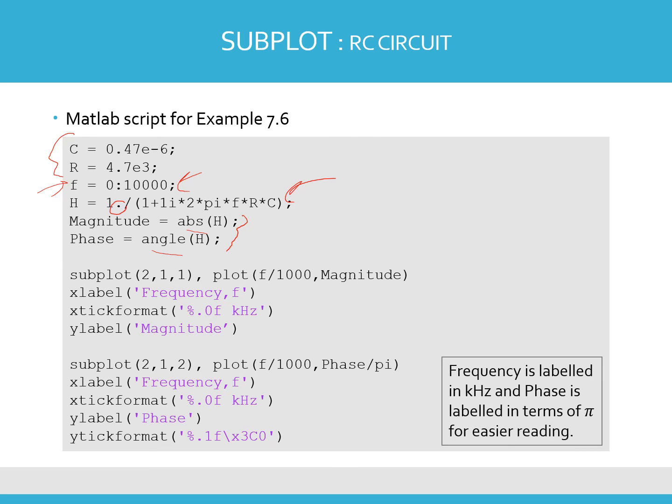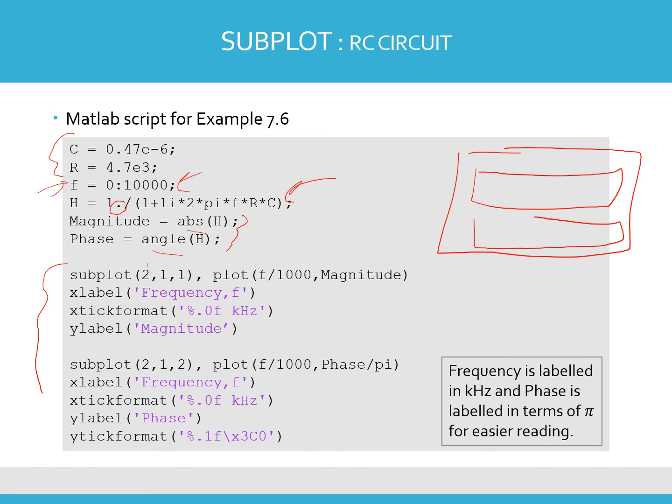So you want to plot two graphs, and this is 2, 1, 1, which means you have 2 rows, 1 column, and this is position 1, of course, at the top. Remember it will move like this first and then move to this, so this is position 2.